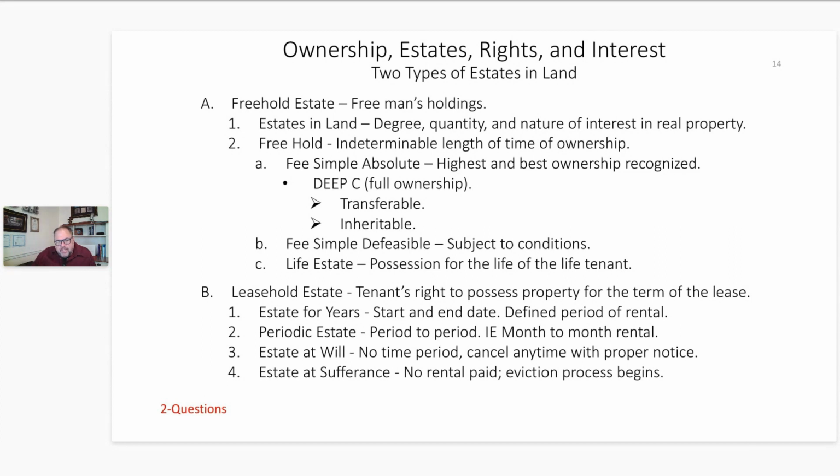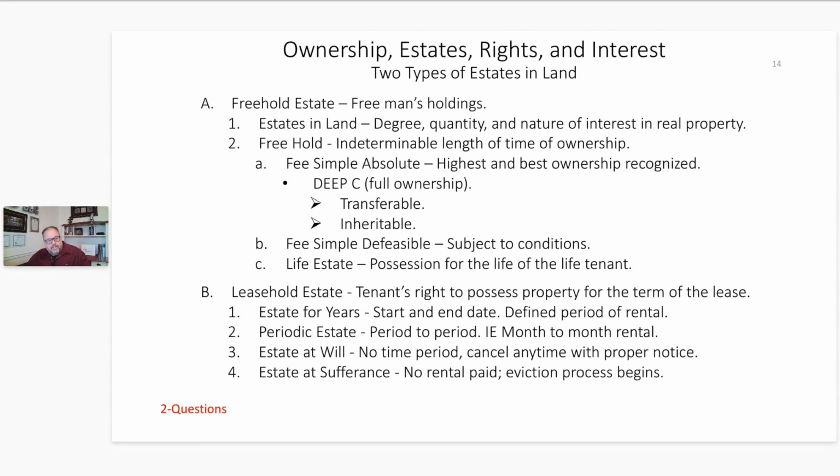Periodic estate means month to month, which means you do got to give a termination notice because you don't have an end date. It's month to month. And in the estate at will, there is no time. It's just at will. And of course, proper notice needs to be given for cancellation.